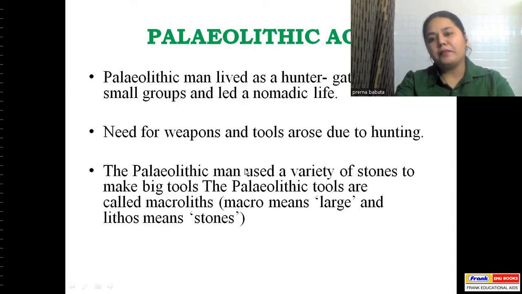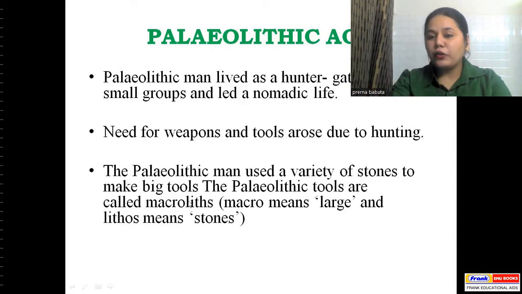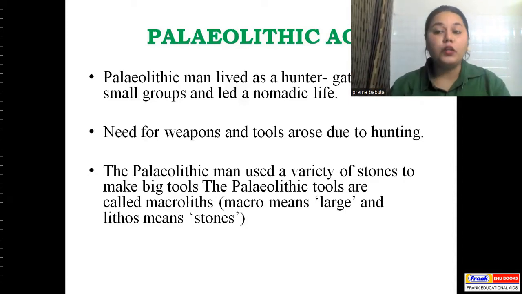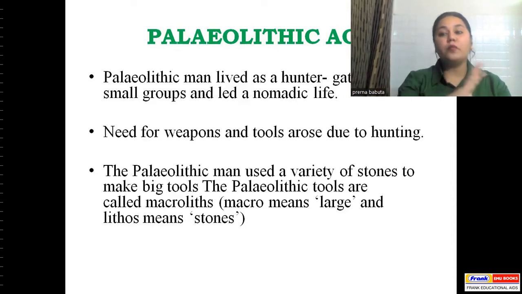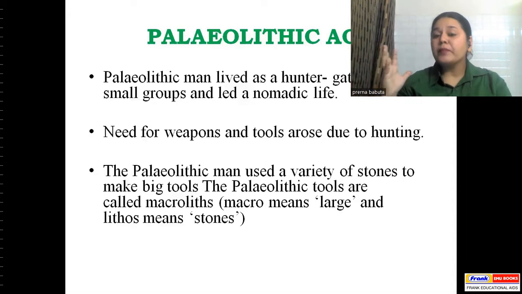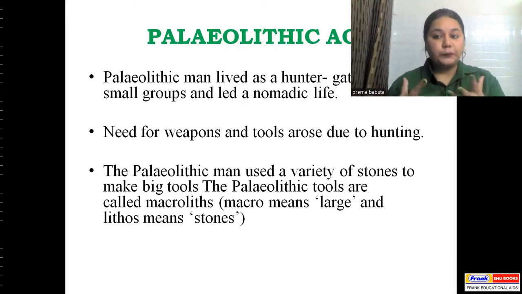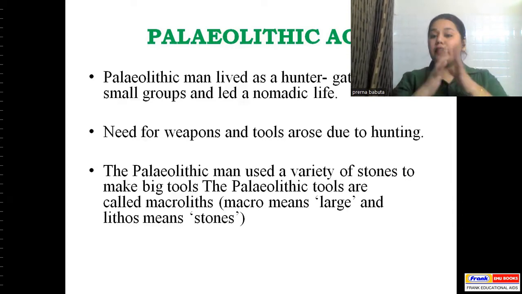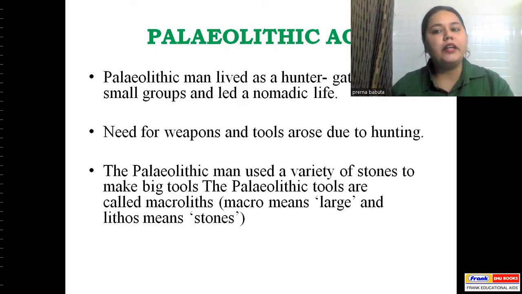The kind of tools that the Paleolithic man used were called macroliths. Macro means big and lith means stone. Both of these are Greek words. So the tools that the man of the Paleolithic age made were heavy, very big in size, and of course made out of stone.